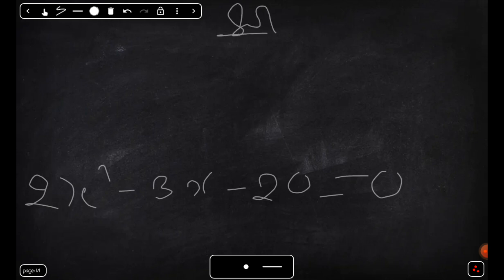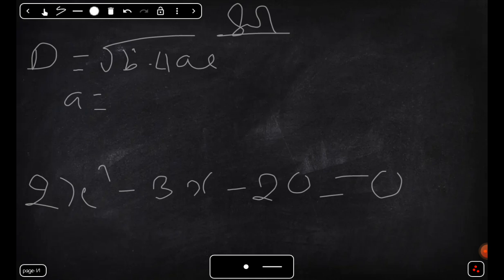First thing first, you must recall that your discriminant is b squared minus 4ac, okay? And I think that's a major thing you need to remember. So from here you pick out what your a, b and c are from this quadratic equation.